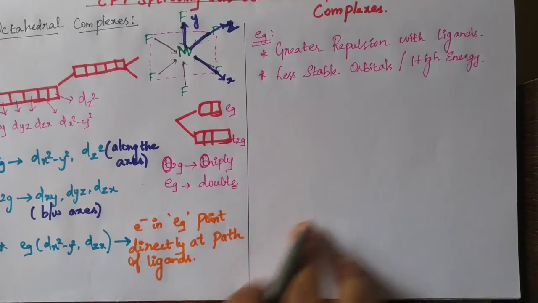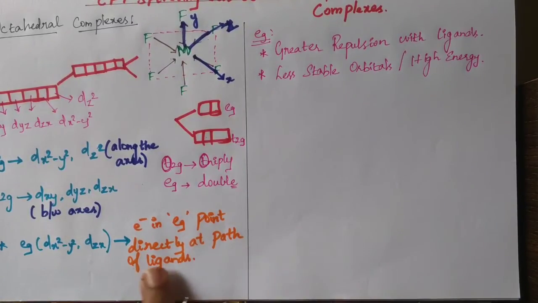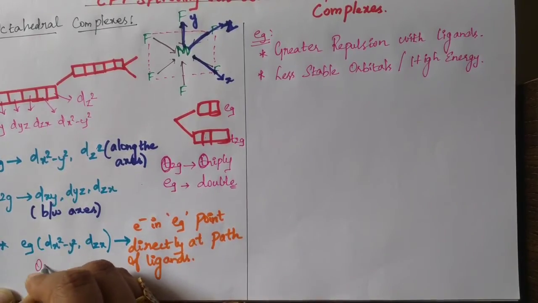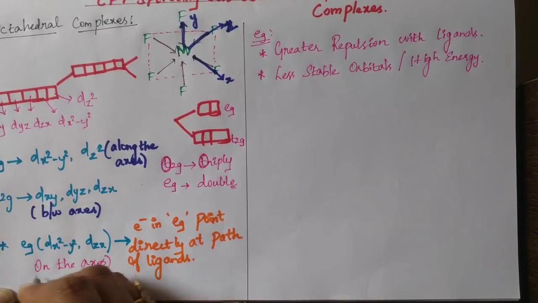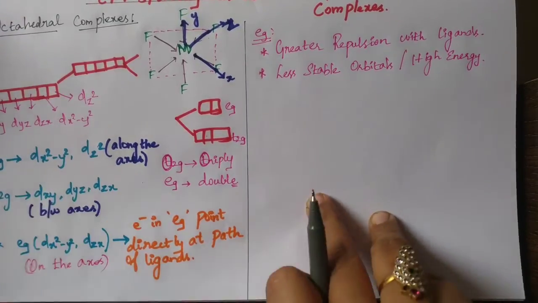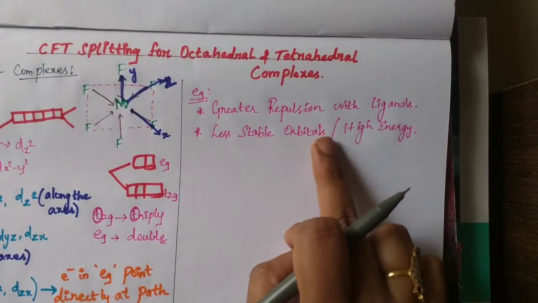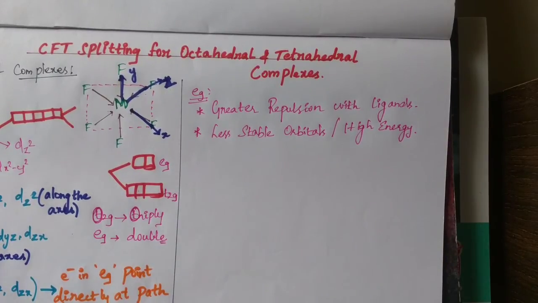So Eg orbitals are present along the axis, that means directly at the path of ligands. That's why they face greater repulsion with ligands, are less stable and have high energy.